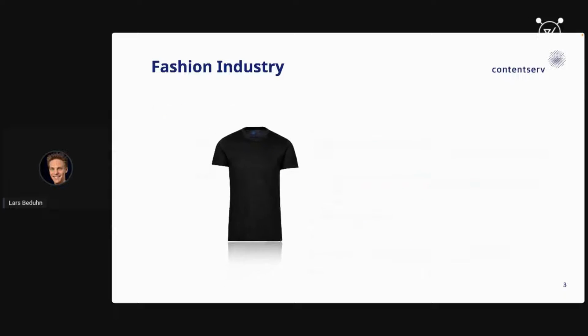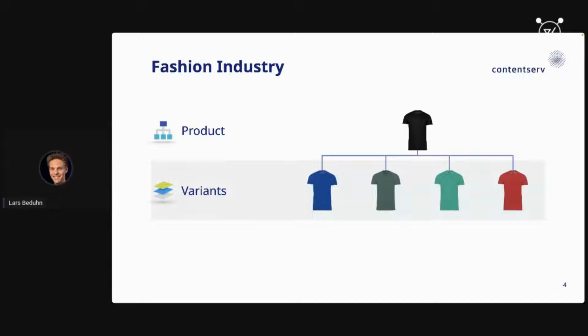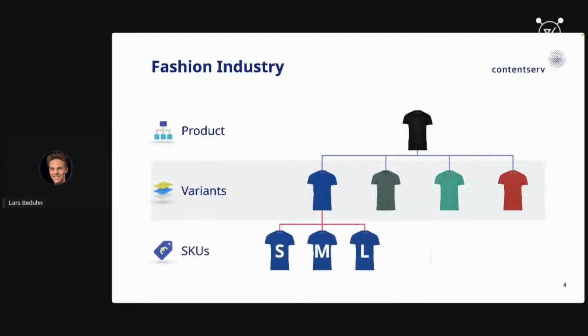But even a super simple t-shirt is a lot more complicated than it seems at first sight, because you can understand them as a product that may come in different color variants and also then in differently sized SKUs, which increases the number of total SKUs dramatically.